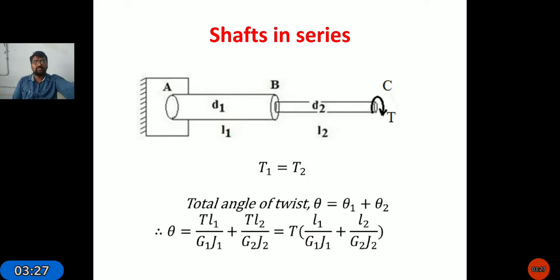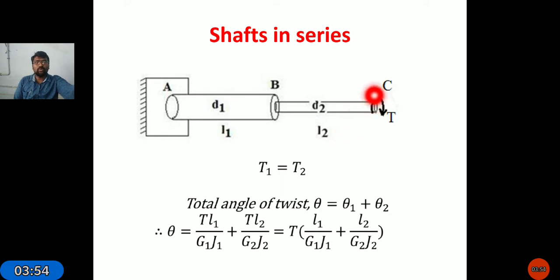Observe, it is the compound shaft. The shaft is in series condition. It is the shaft AB and BC. The total shaft is connected at point A, which is fixed. Point C is free. We are applying an amount of torque at the free end. For this condition, T1 is equal to T2.